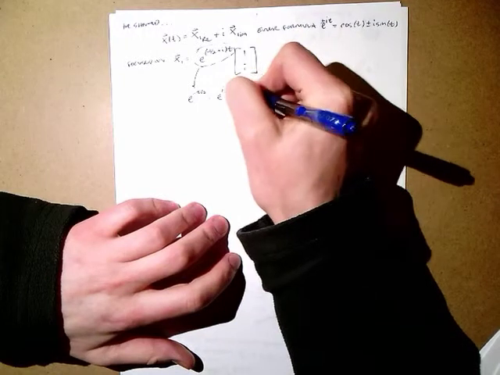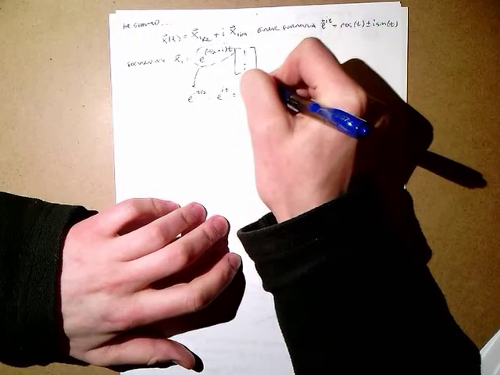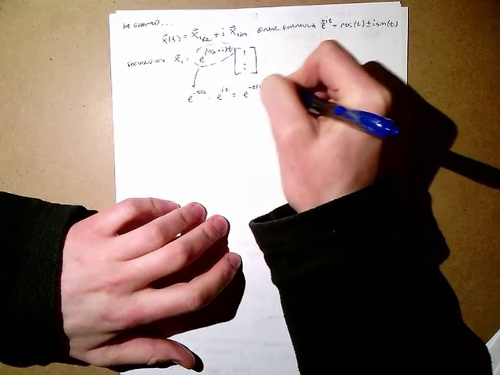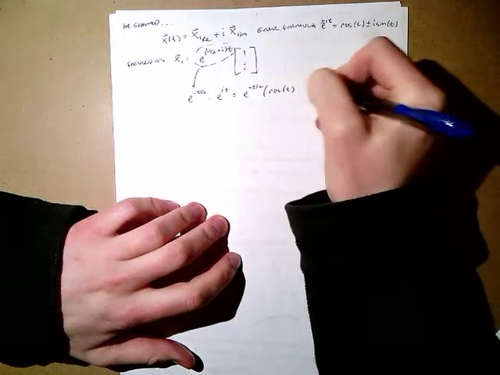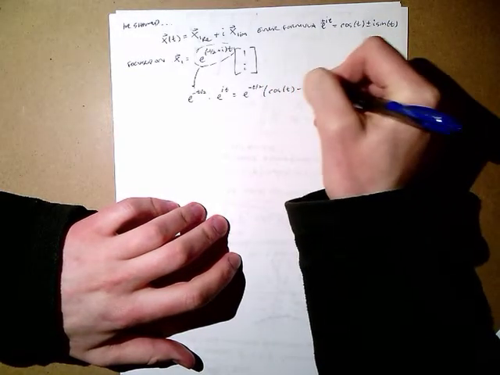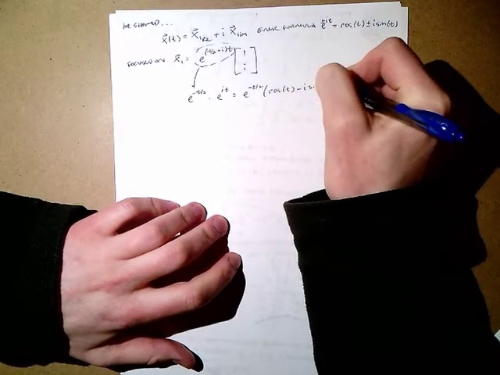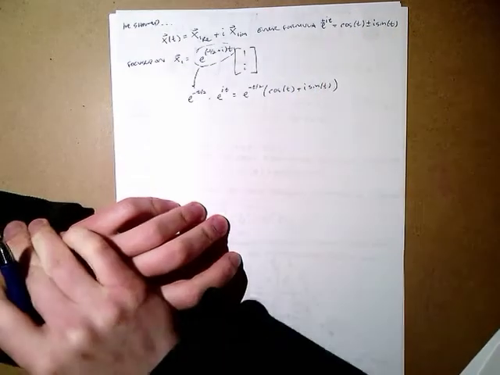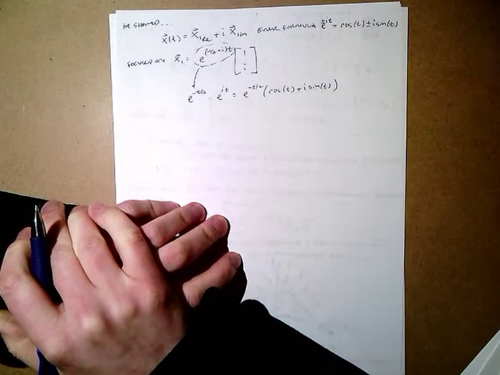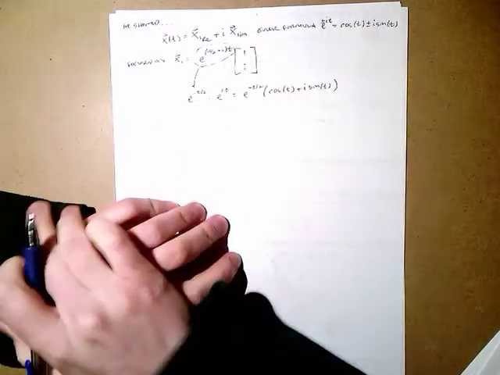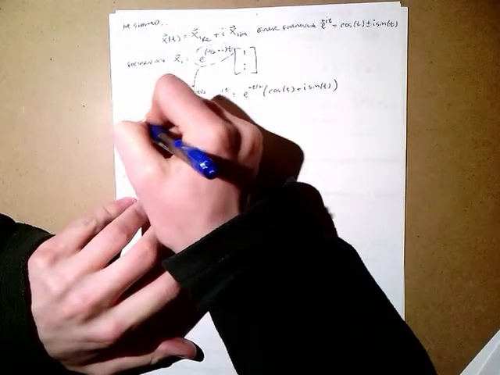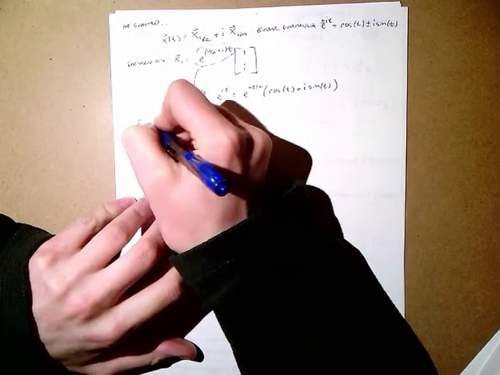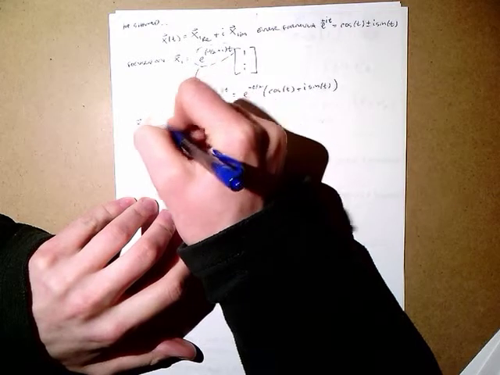And from Euler's formula, e to the it can be rewritten as cosine t plus i sine of t. If we do that and multiply that out through our vector, we get the sum of two parts.